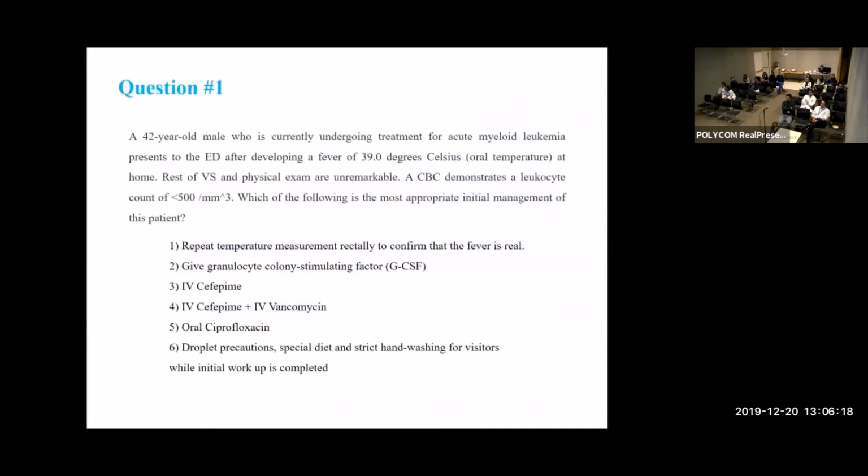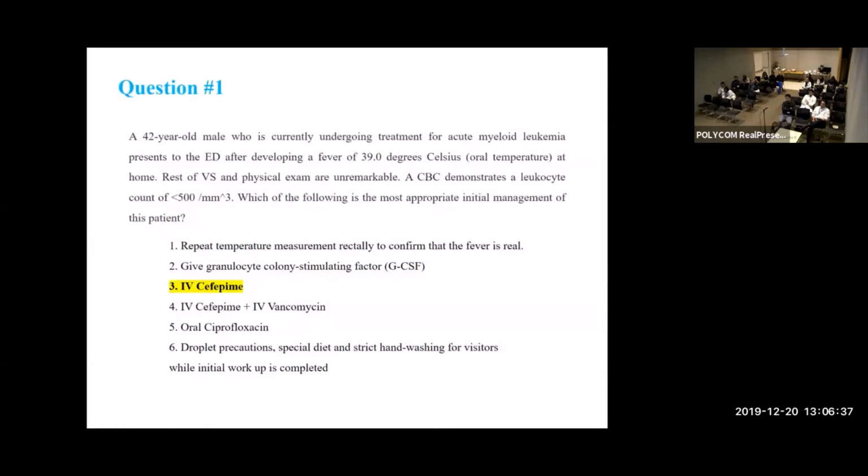And here we have, again, sort of the same guidelines. So some questions. I think here it would be to go with IV cefepime. The blood cultures issue, definitely if you can get the blood cultures first, that's the ideal scenario. But basically the question was, what medication should you consider first?